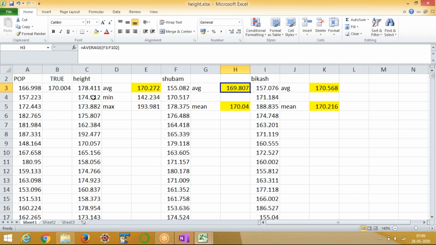When will I say variable and when will I say statistics? Whatever you are calculating on the sample is statistics, and whatever you are calculating on the population data is called parameters.